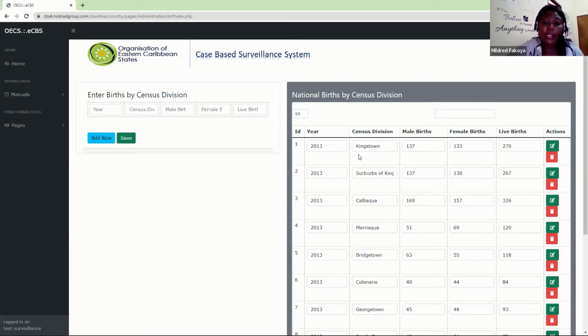So for countries like St. Vincent that have their census divisions almost the same as their health districts, it becomes easy. But for other islands, when I went through the files submitted, it's not that clearly separated. So you will use this census division optionally if you have your records entered this way. If not, just enter the national births by sex and ignore the census division.